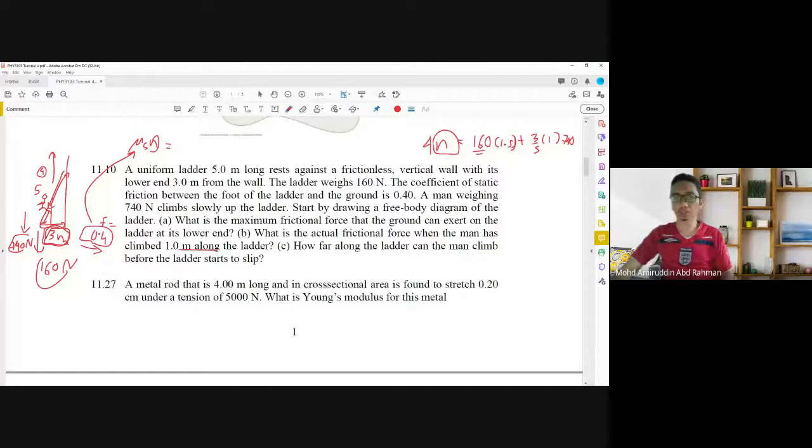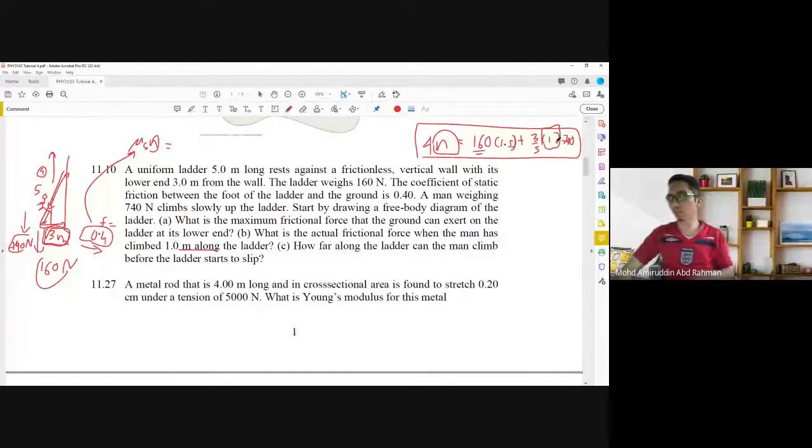So we can again do the calculation of this frictional force. We can relate this equation again, and we need to find out what this one is. Previously it is only 1 because he climbs only 1 meter.